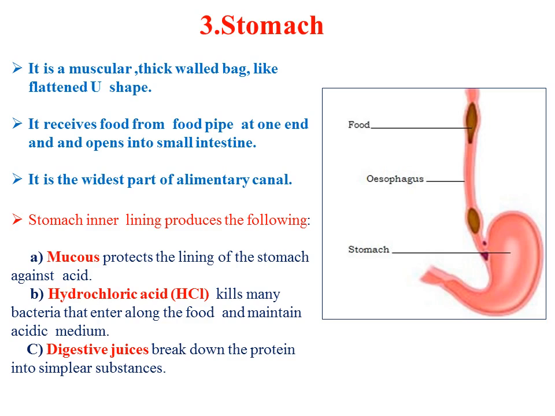And the digestive juice breaks down proteins into simpler substances. So today up to this, next day we will discuss the small intestine, large intestine and anus, and we will see those parts in more detail.